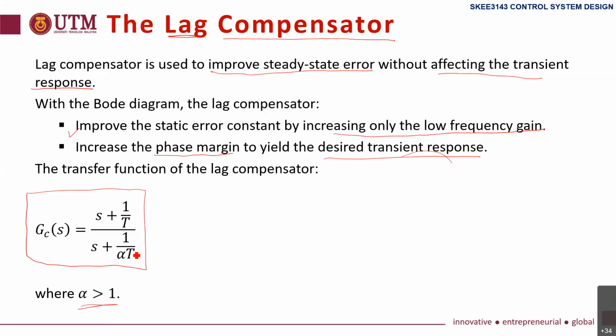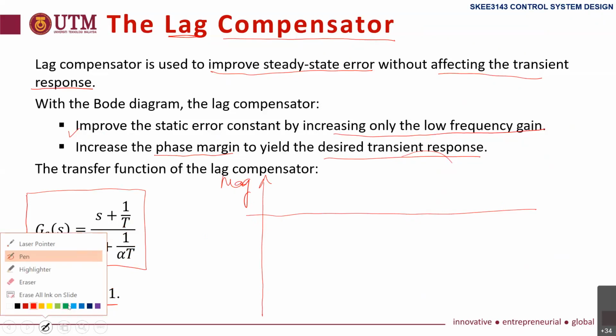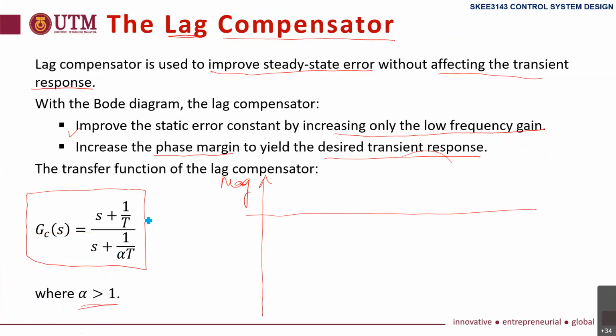So here alpha greater than 1, that means 1 over alpha T is smaller than 1 over T. So if I plot the magnitude of the lag compensator, it will be something like this.